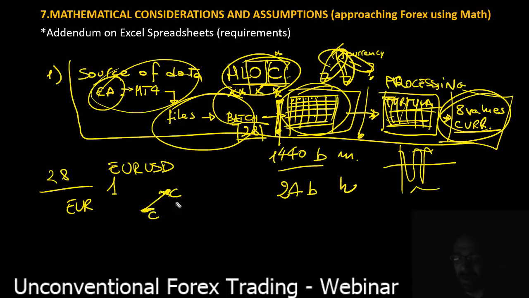You have here a delta that you can express in percentage, right? So you have this close A and this close B, and you can make, for example, one of the calculations is B over A plus B, let's say, for example. So you have a ratio that you can express in percentage.